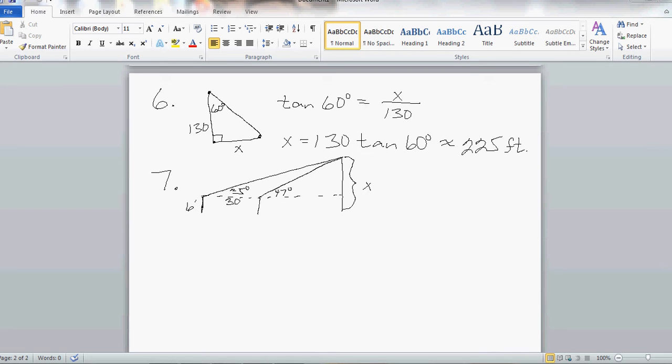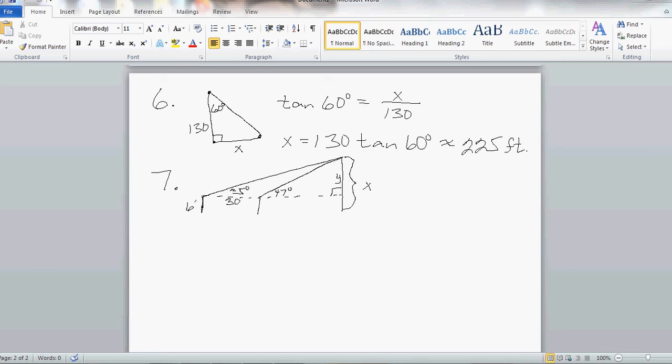Now the big thing that we need to really concern ourselves with is we have two right triangles going on. We have this right triangle here, and we have this right triangle here. And they do share a side, the entire side right here. So I'll call this distance right here y, from the top of the tree to the horizontal line of sight.